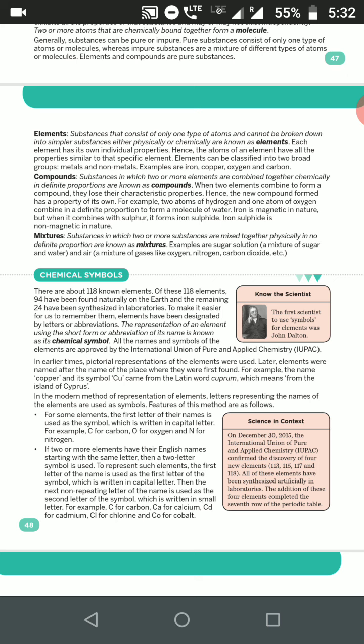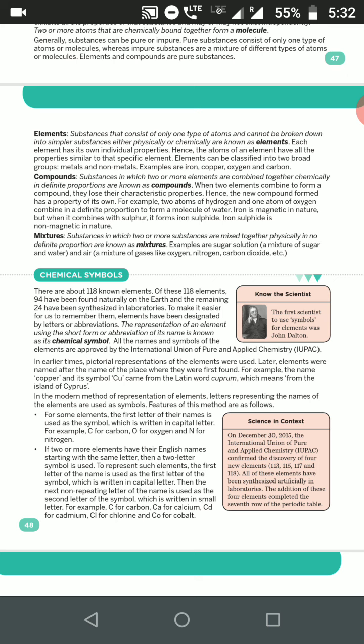If two or more elements have their English name starting with the same letter, then two letters are used in the symbol. To represent such an element, the first letter of the name is used as the first letter of the symbol, which is written in the capital letter. Then the next non-repeating letter of the name is used as the second letter, which is a small letter.